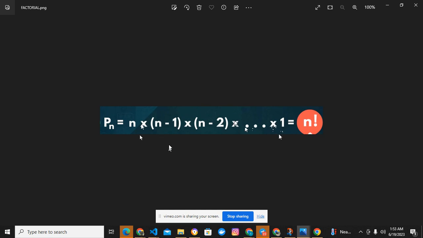So permutation equals the product of n, n minus 1 and n minus 2 up to 1. You understand? So multiplication means product. When you hear product, it means times. When you hear sum, it means plus.